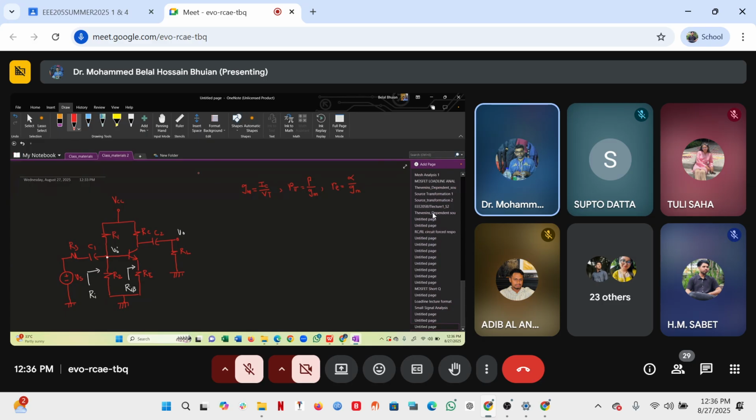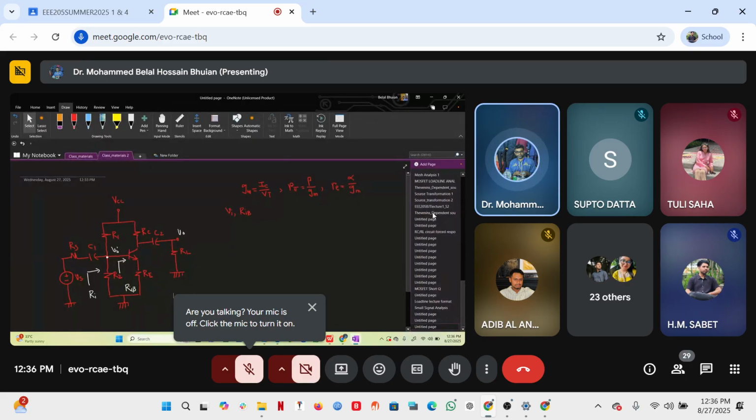The parameters that we're going to determine after the analysis would be Vi, that is the input expression for the input signal at the base terminal, then RiB. So that is the input impedance looking into the base terminal. If you look into the base terminal, what is the equivalent resistance that you're going to see?